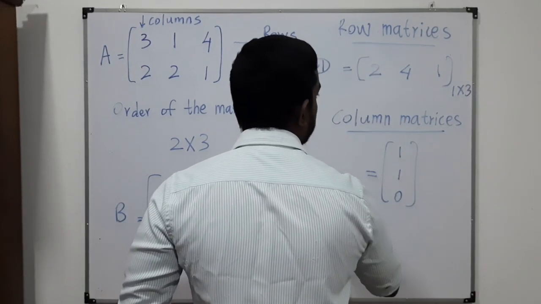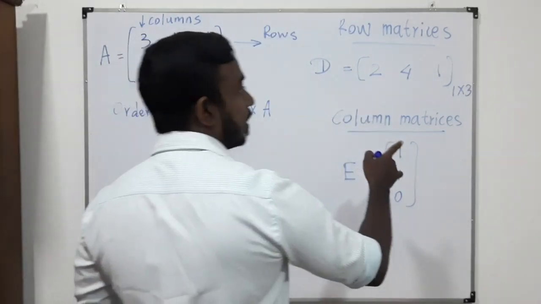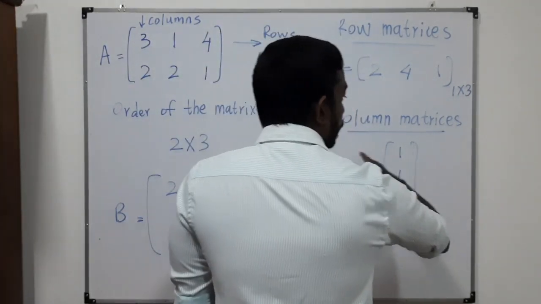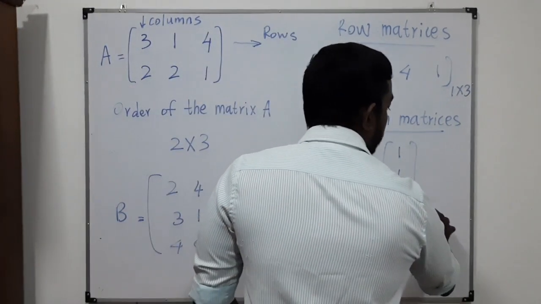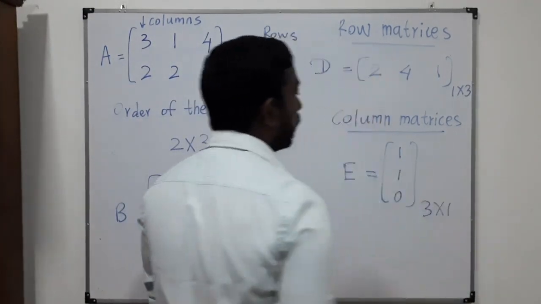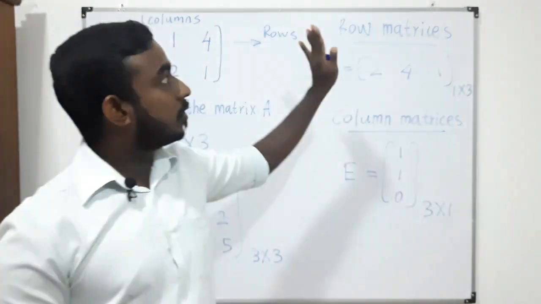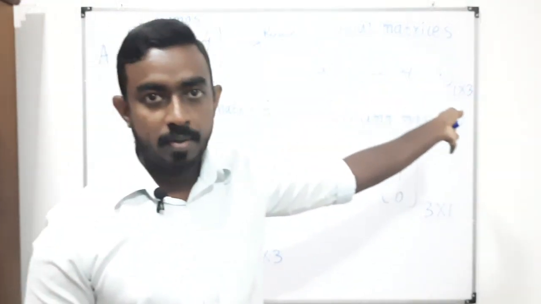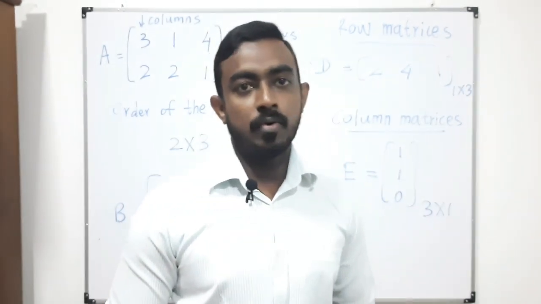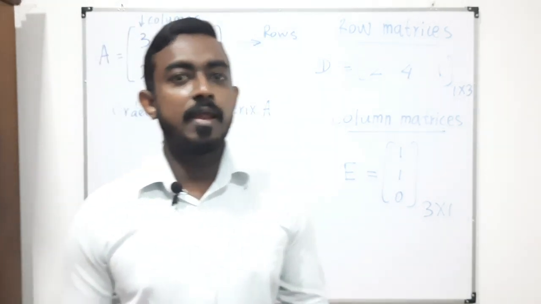I can name it capital E. If I write down the order of this matrix, 3 rows and 1 column. So row matrices mean if there is 1 row, they are known as row matrices. Column matrices mean if there is 1 column, they are known as column matrices. As you can see, it is very easy to understand and remember.